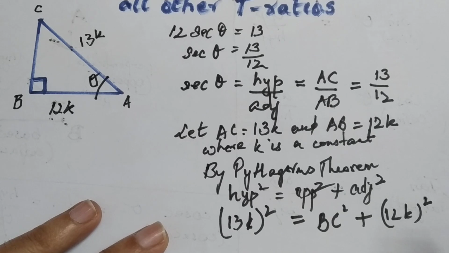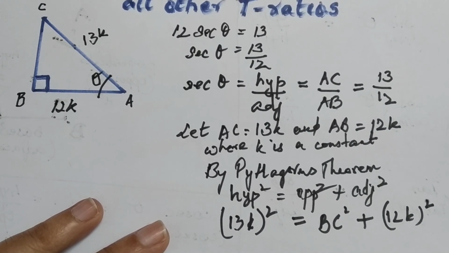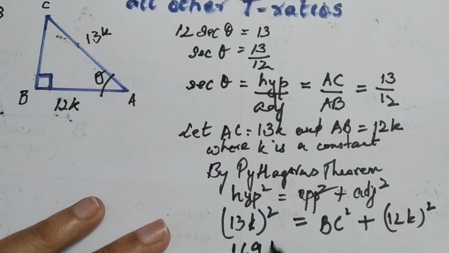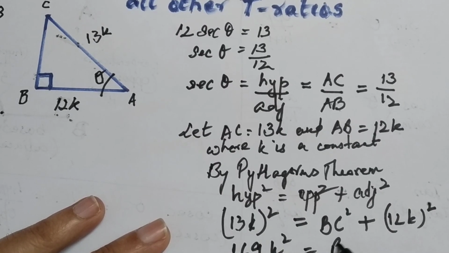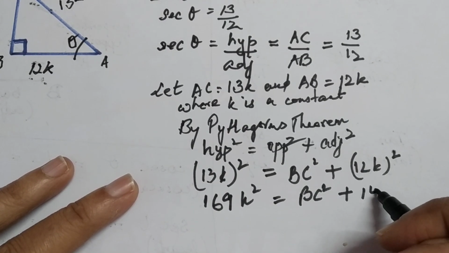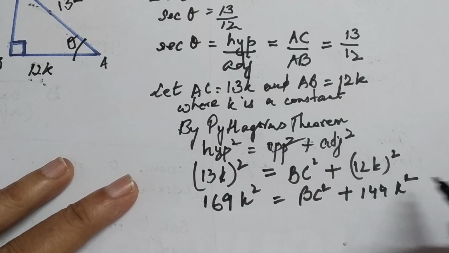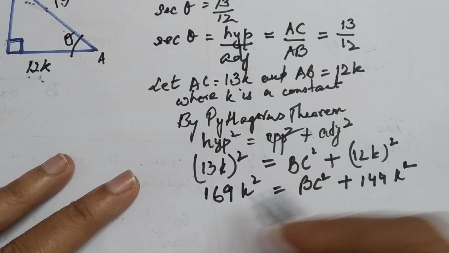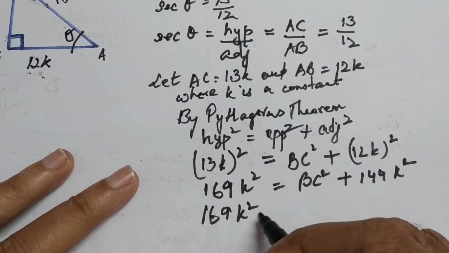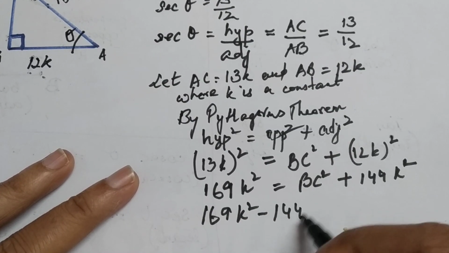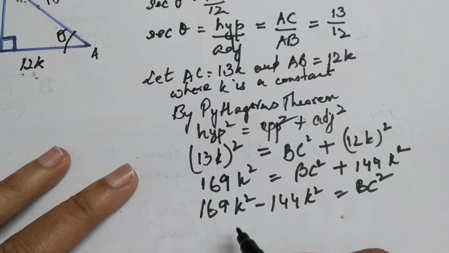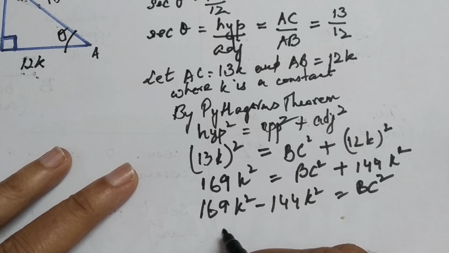Okay, so now we have 169k squared is equal to BC squared plus 144k squared, right? We'll bring this 144 to the side, so 169k squared minus 144k squared is equal to BC squared. 169 minus 144 is 25.